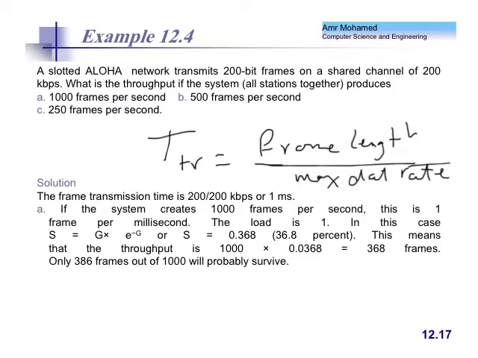What is the maximum data rate of the channel? 200 kilobits per second. So the load G is 1.